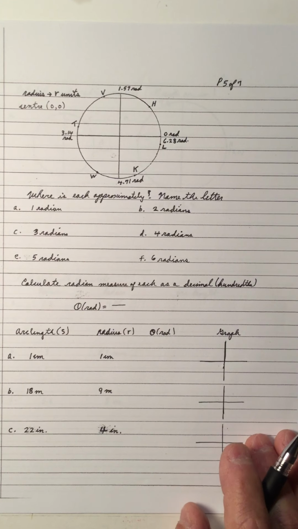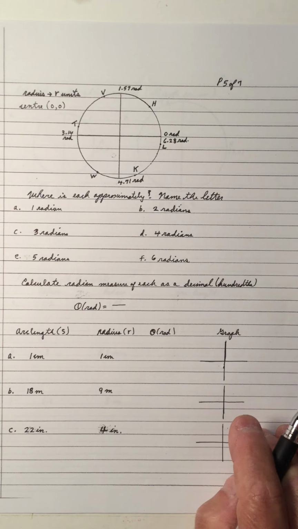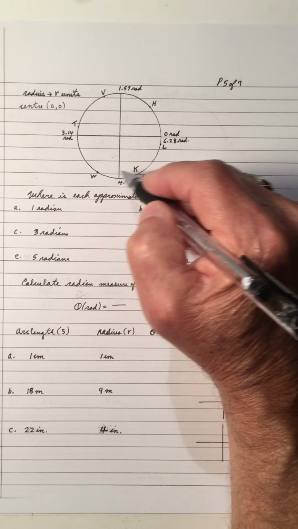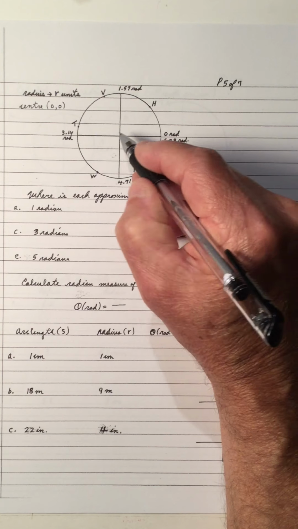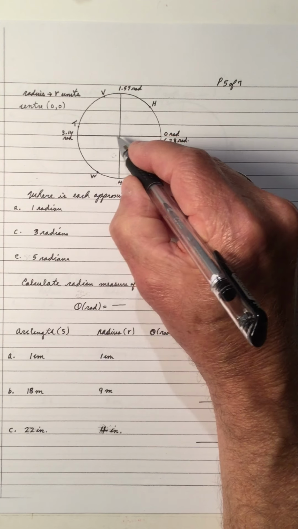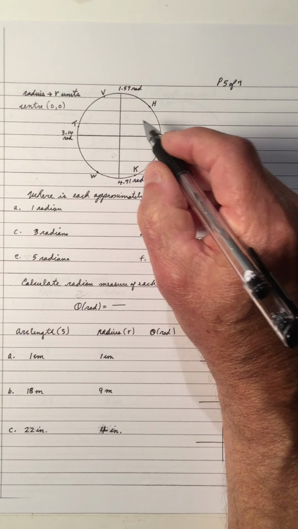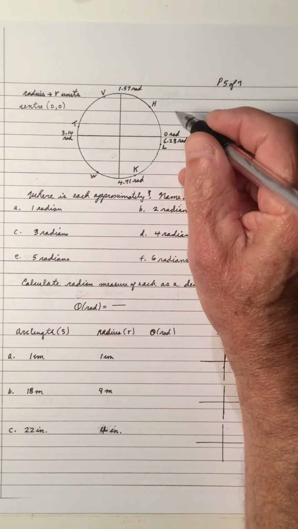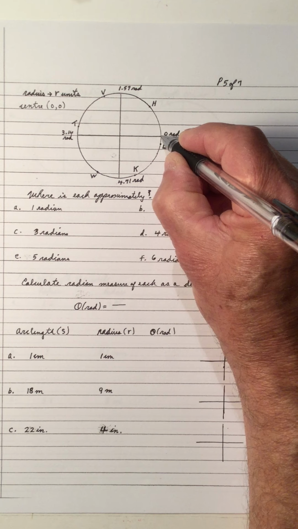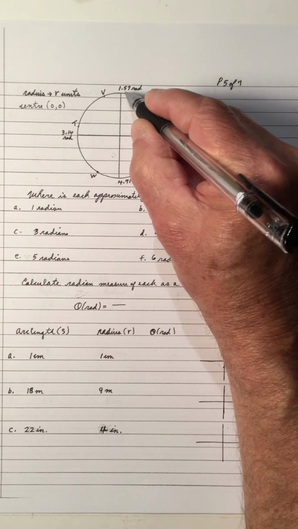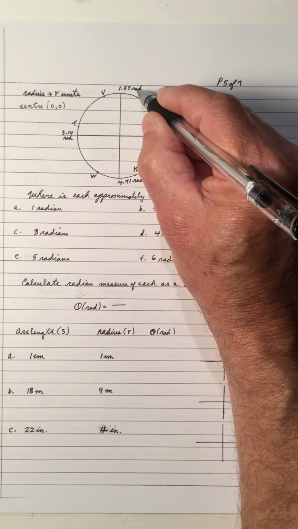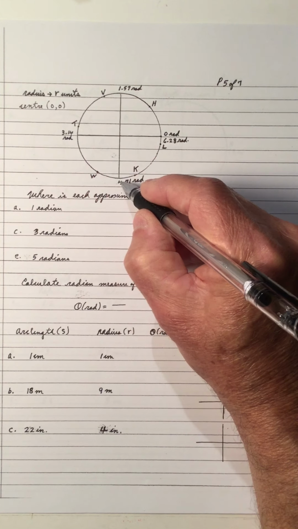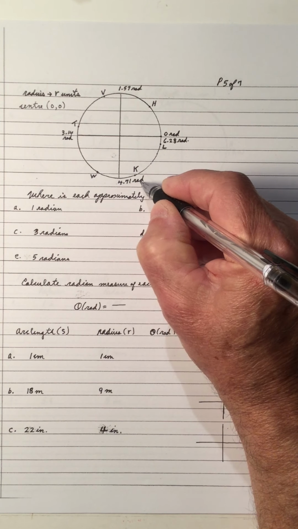It's the distance on the arc. And let's continue. The radius of this circle is R units. It doesn't matter if it was 1 centimeter, 2 centimeters, 3 centimeters, or 5 feet, 10 feet, 20 feet. Then this is 0 radians right here because we haven't rotated. This is 1.57 radians. This is 3.14 radians. And this is 4.71 radians.